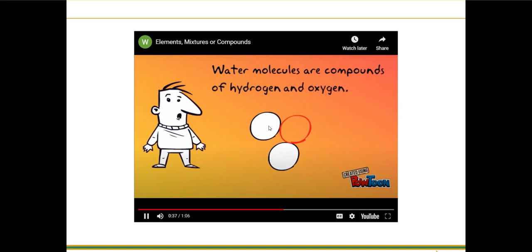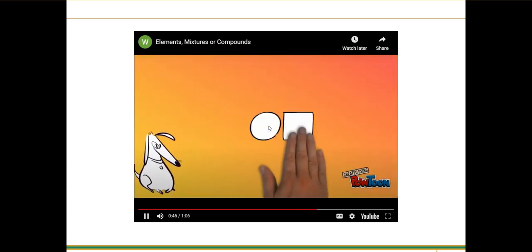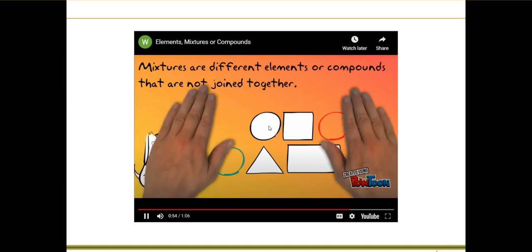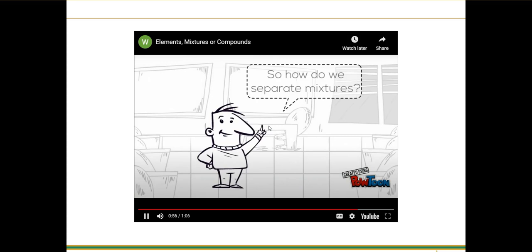Water molecules are compounds of hydrogen and oxygen. Mixtures are different elements or compounds that are not joined together. So how do we separate mixtures?